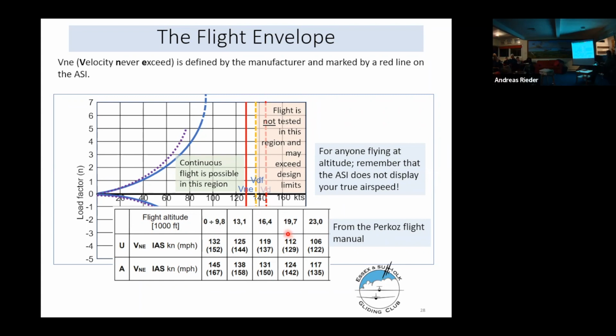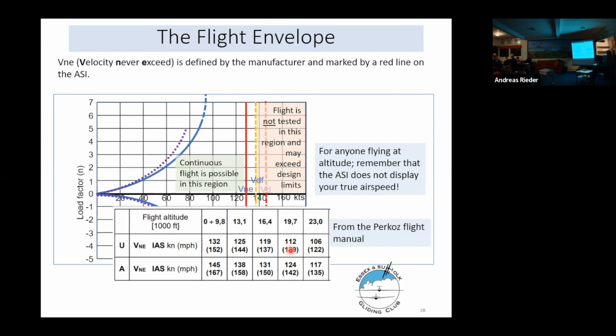This is because the air is thinner at altitude, you know that, because you have to take oxygen. And because the air is thinner, it doesn't impinge on the pitot so much. So the airspeed indicator underreads. And in this case, it underreads by 20 knots at 20,000 feet.